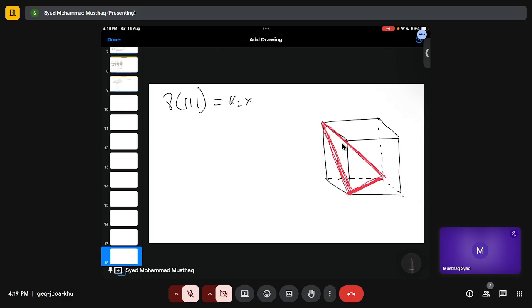Now moving on, let's write the atoms. So where our atoms should be, right? So let's take only the ones which are lying on here, right?